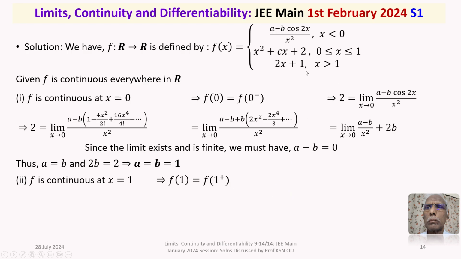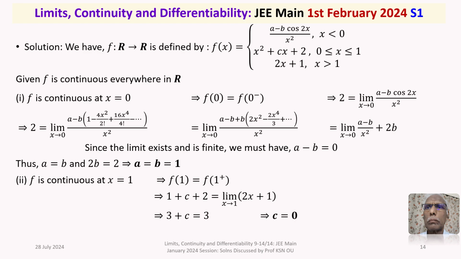So f of 1, which is 1 plus c plus 2, is equal to the limit as x tends to 1 of 2x plus 1. Because it is the right limit, you have to use this. And take the limit, that will be 2 plus 1, that is 3. So 1 plus c plus 2, that is 3 plus c, is equal to 3. This implies c is equal to 0.